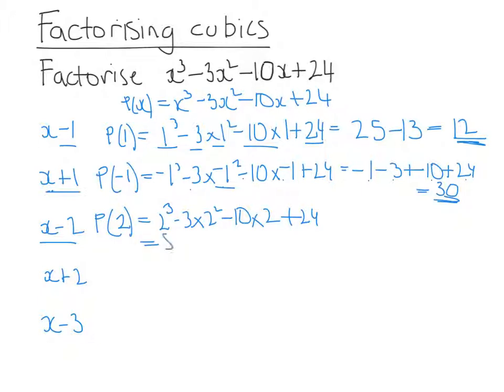So this will be 2 cubed is 8 minus, now 2 squared is 4, 3 times 4 is 12, 10 times 2 is minus 20 plus 24. Now 8 plus 24 is 32, and minus 12 minus another 20 is minus 32. Oh, look at that, our remainder is 0, so x minus 2 must be a factor. Let's divide over the next page.